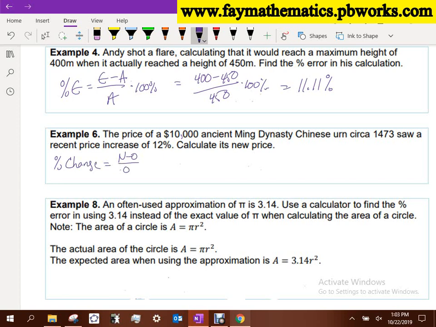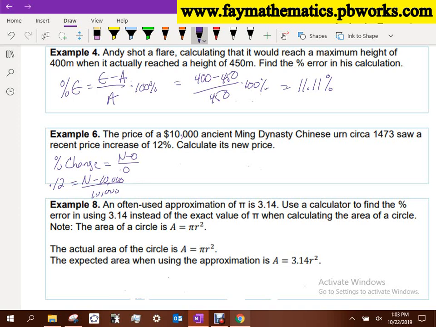Could I say percent change, which they say is 12%, is equal to my new value, which I don't know, that's what I'm looking for, minus the original? What's the original value of this thing? 10,000. Does that set up an equation that I'm going to be able to solve? Does that make sense? You multiply both sides by 10,000.